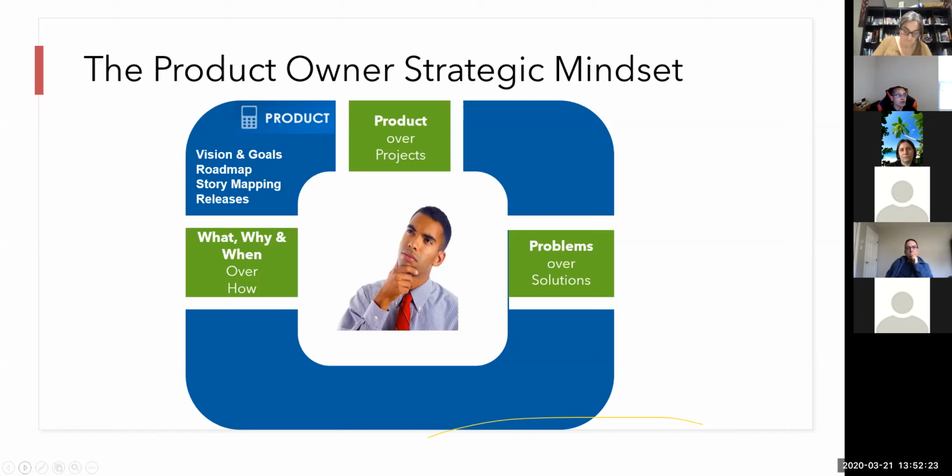Other things that I do is I help them do some story mapping, do some exercises there, and help them figure out how to do releases. And if you have a product owner who is not really involved, or this is not really their responsibility, I say to them, and to you: maybe that's true, but my question is, if you did this, how much would it help you in the long run?